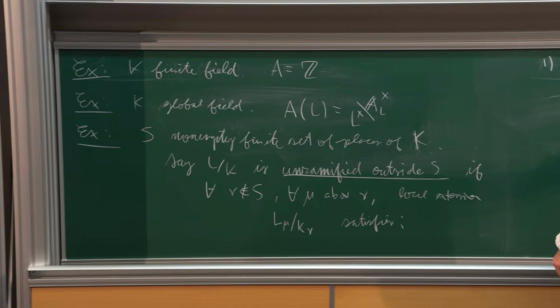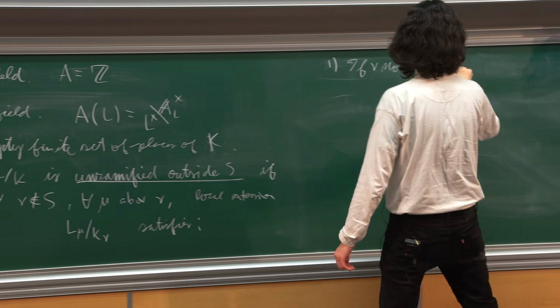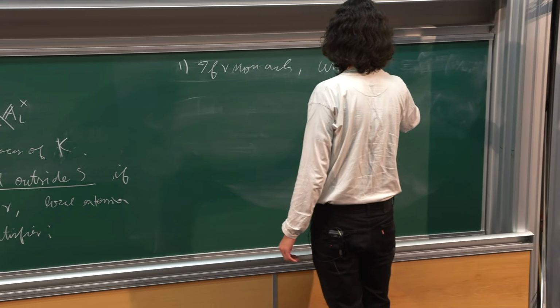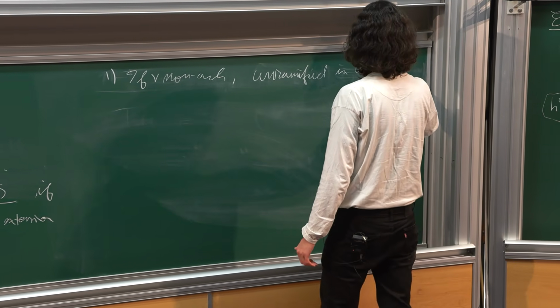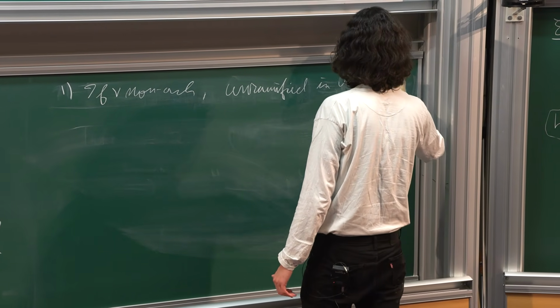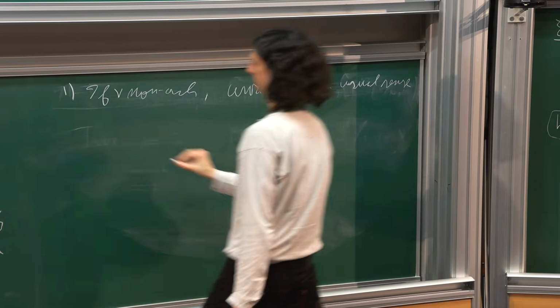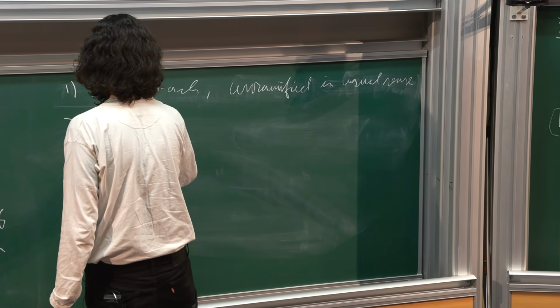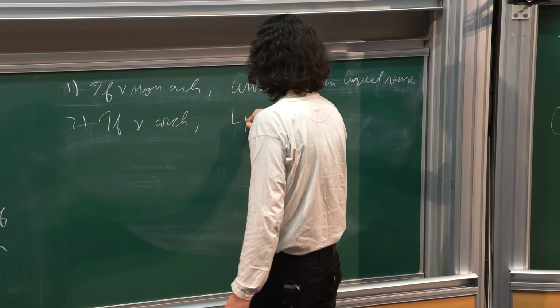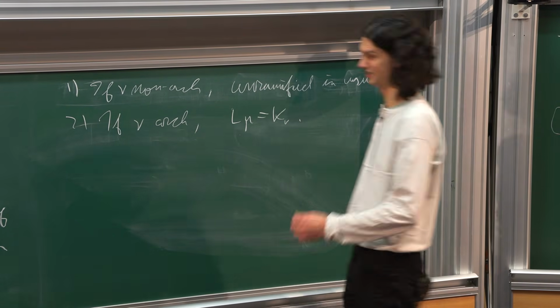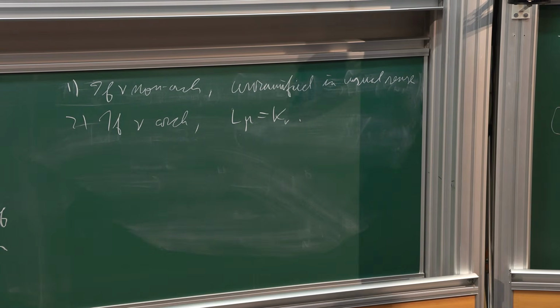If nu is non-Archimedean, this should be unramified in the usual sense. And if it's Archimedean, we require that it's a trivial extension.